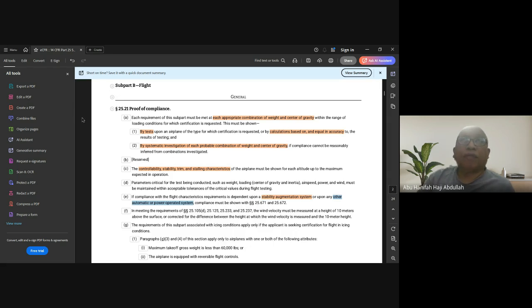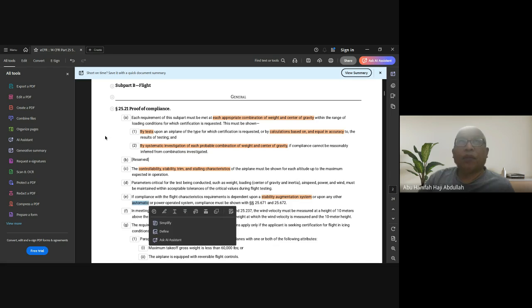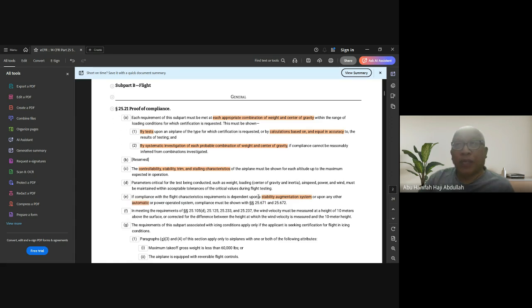So it's not part of flight, 671 is part of the flight control system. It means they allow aircraft to have stability augmentation systems and automatic systems. Not autonomous. Someone working on a drone always gets things confused with autonomous. It's automatic: stability augmentation system, automatic, power operated system.